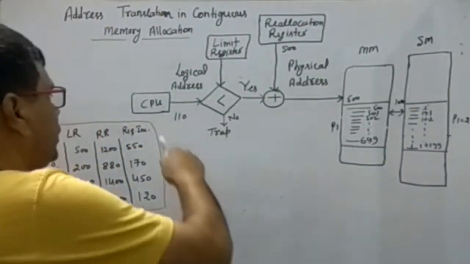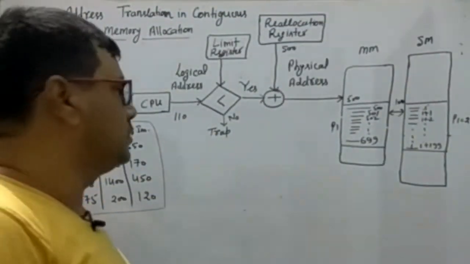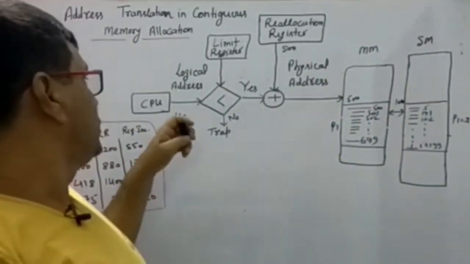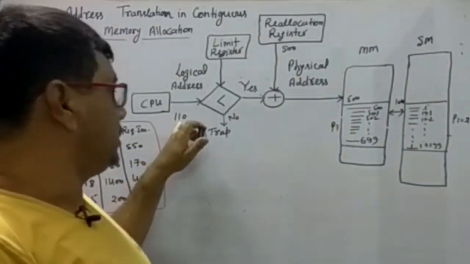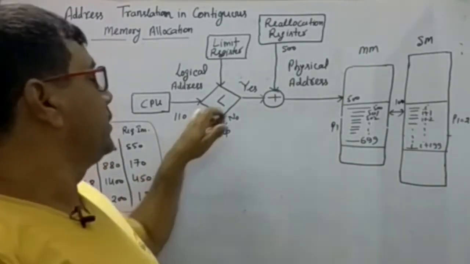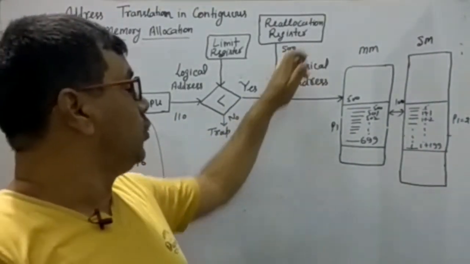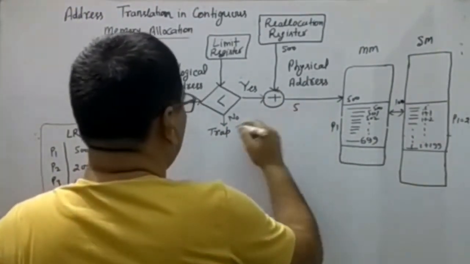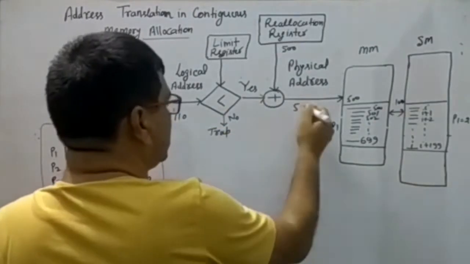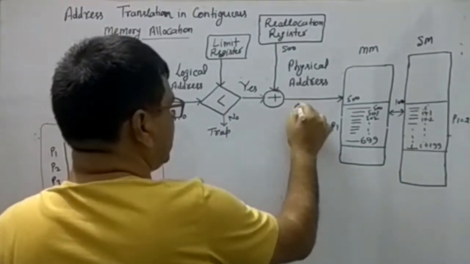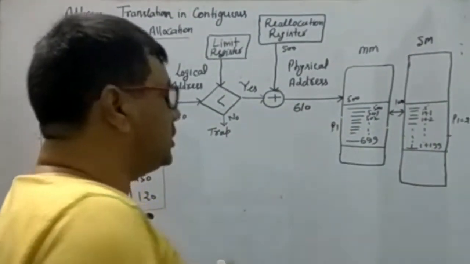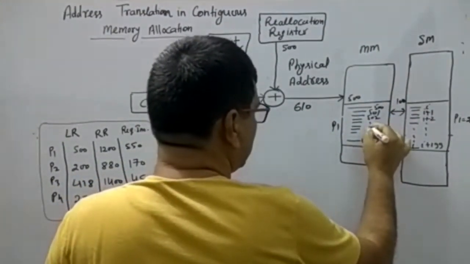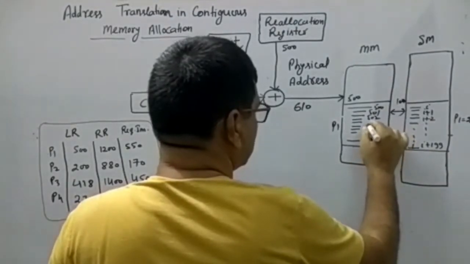So first of all, if the CPU wants to execute any instruction from this process, then the logical address 110 of the instruction is added to the relocation register, 500 plus 110, which means 610 will be the actual physical address.